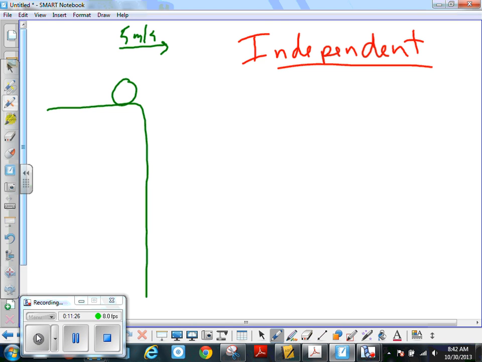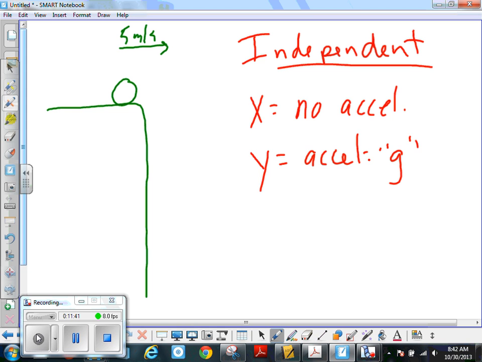But the thing is that x has no acceleration as long as we're in free fall, which means there's no air. And the y has acceleration due to gravity. So we have to make sure that we do the math with the x and the y stuff independently, because the force is only in the y direction, which will only change the y characteristics.